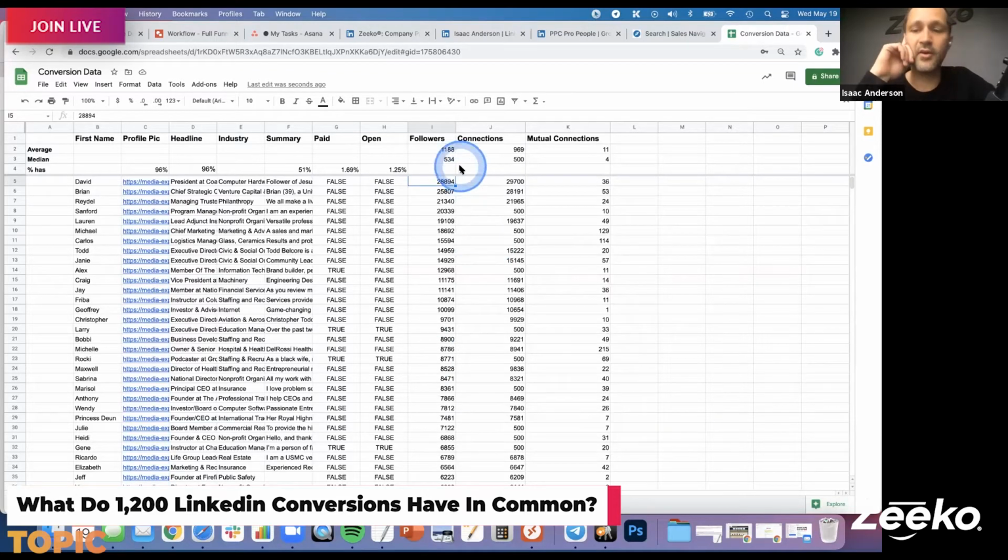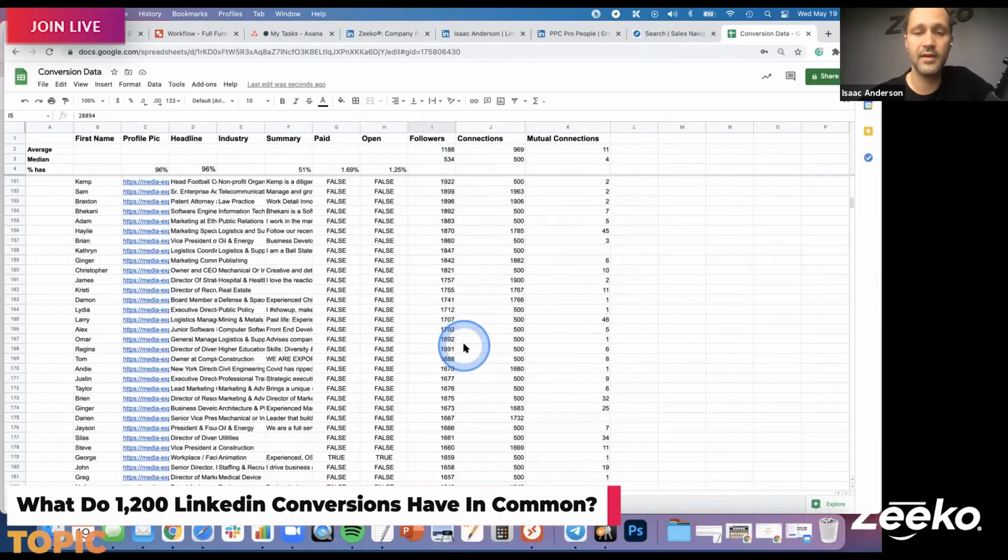The average is 1,100 followers, which probably translates to about 1,100 connections. So I feel like you can pull away from this and say, once someone has about 1,000 connections, it's probably a good activity indicator that they're active on the platform.